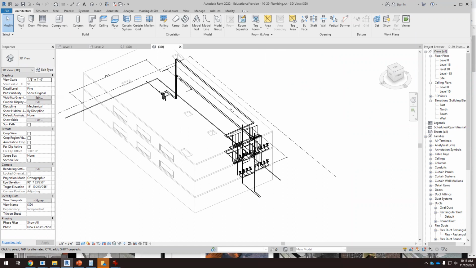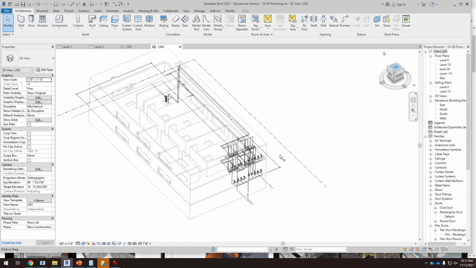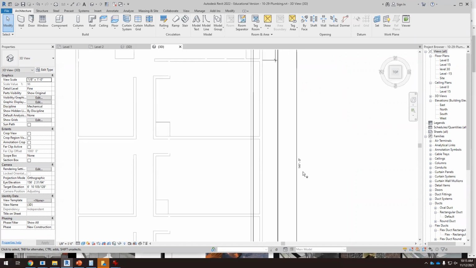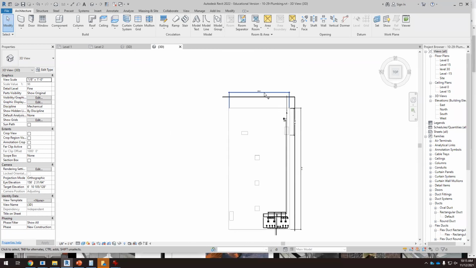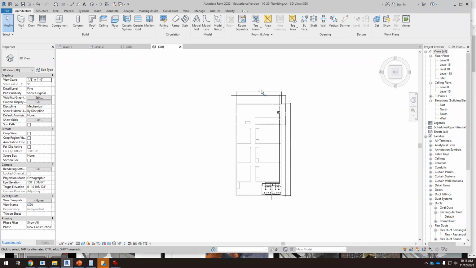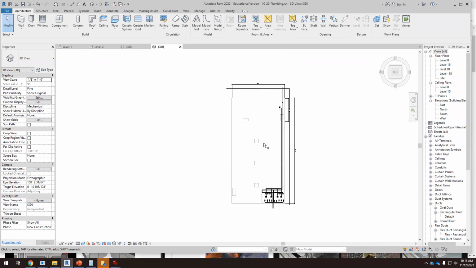If we have a building like this, the first thing we need to understand is the area of the building, the area of the flat roof. Okay, so we have this building. I have taken measurements. So this is 140 by 70. Kind of. Okay, so this is the total area of the building.